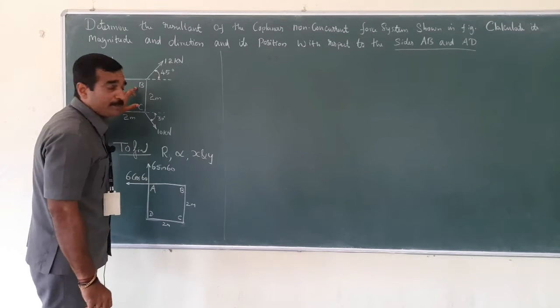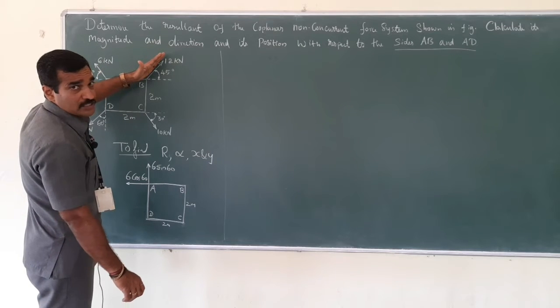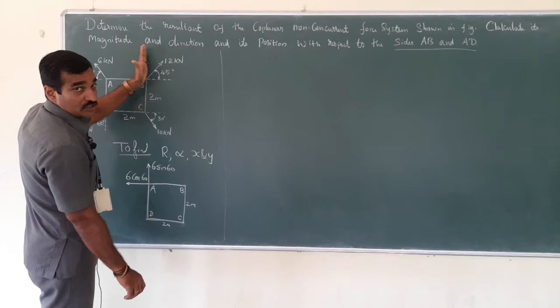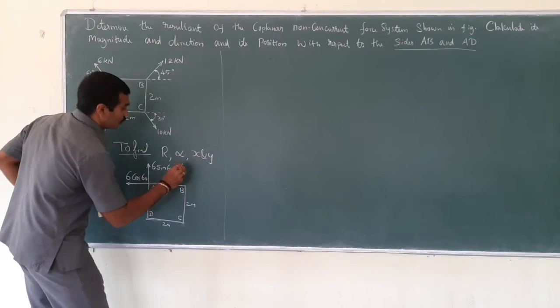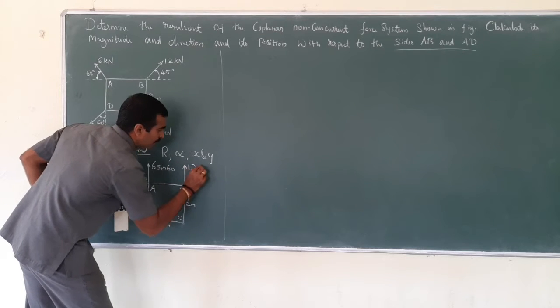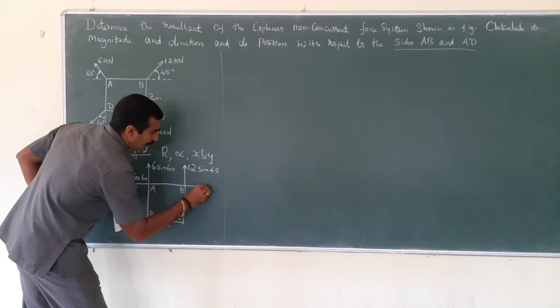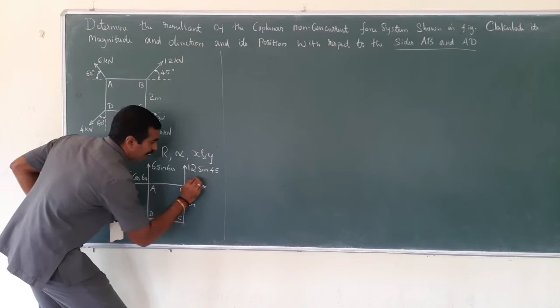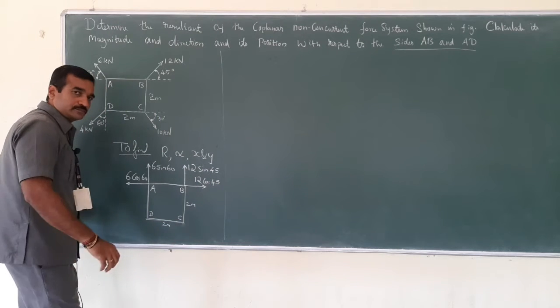Let me just move to the point B, wherein a force is acting in this direction. Its nearest vertical can be in this direction and its nearest horizontal can be in this position. So its vertical component can be considered as 12 sin 45 and its horizontal component can be 12 cos 45.